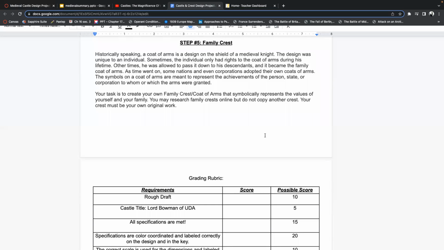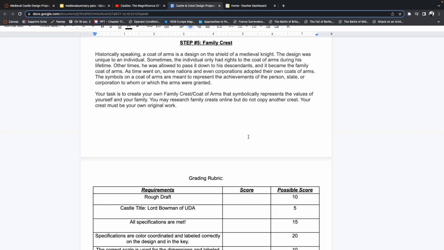The symbols on a coat of arms are meant to represent the achievements of the person, state, or corporation for which they are. Your task is to create your own family crest / coat of arms that symbolically represents the values of yourself. You may research family crests online, but do not copy another crest. The crest must be your own.